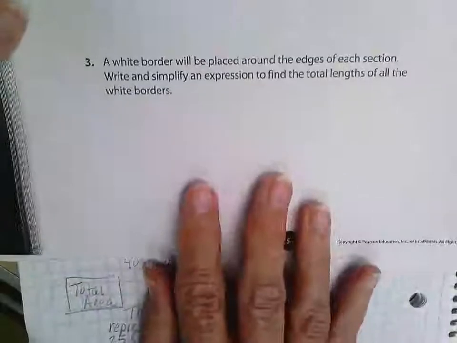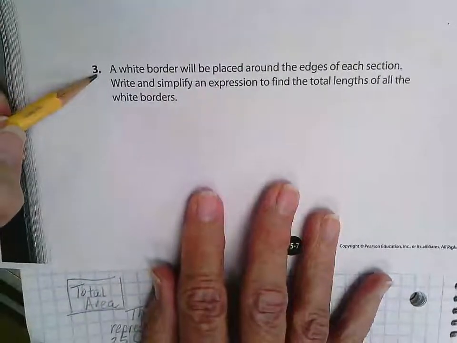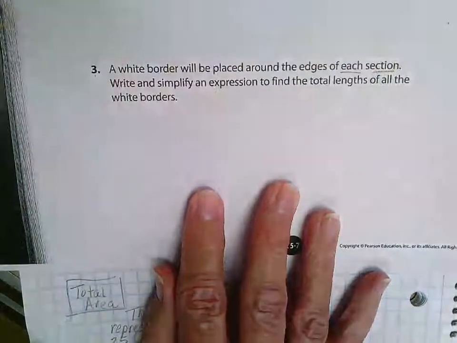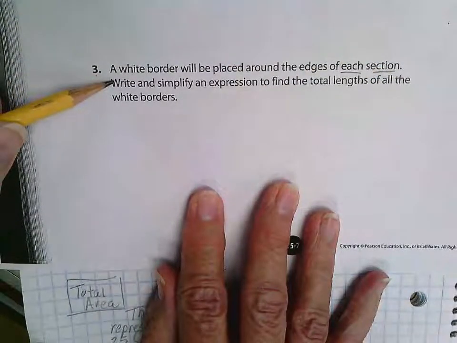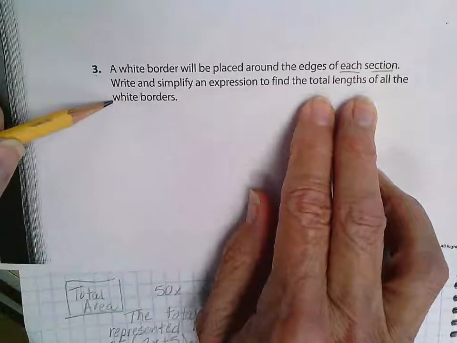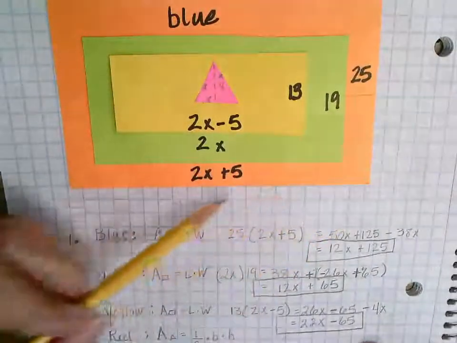Number 3, a white border will be placed around the edges of each section. Write and simplify an expression to find the total lengths of all the white borders. So around each section there is going to be white.